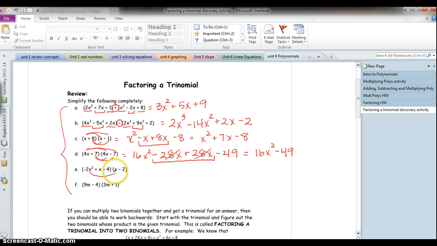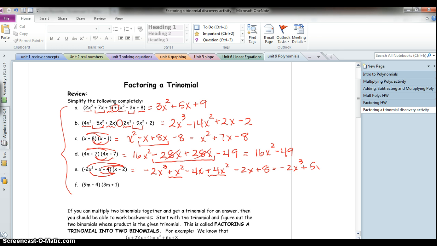Distributing this one, I'm going to actually distribute it like that. That gives me negative 2x to the third plus x squared minus 4x, and then distribute the negative 2. That gets me a positive 4x squared minus 2x plus 8. Combining your like terms, there's a 1x squared plus 4 more.